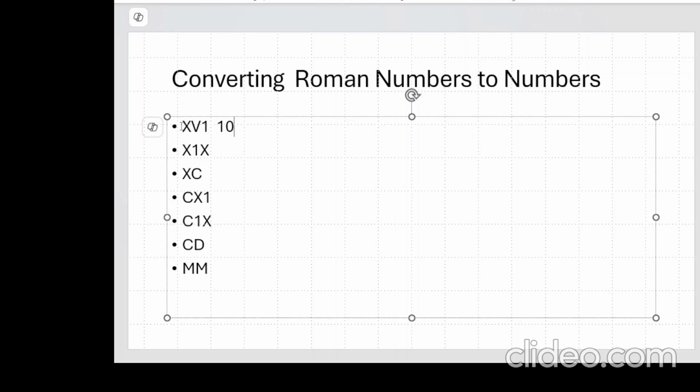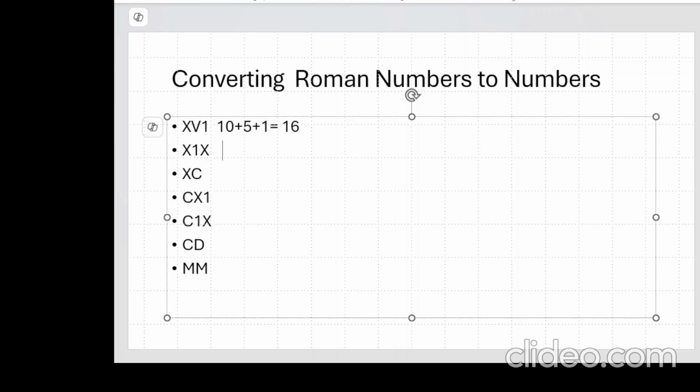I'll be writing 10 plus we know V is 5 plus 1, we know I is 1, which means we will get 16 as the answer.